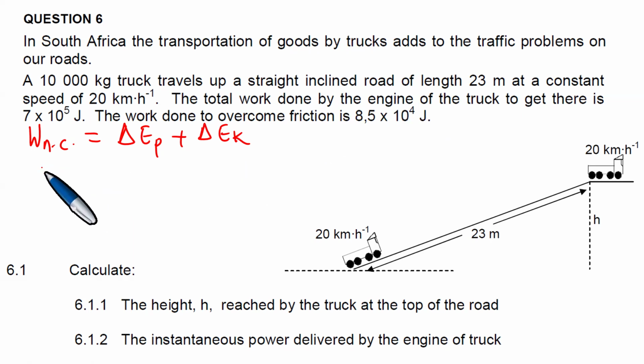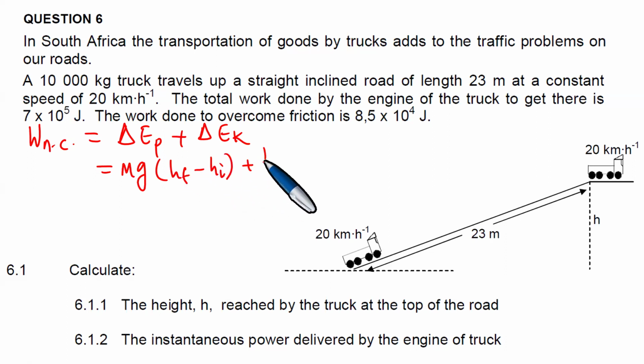So now you'll have to take note that the change in the potential energy is mg(h final minus h initial) plus half m(v final squared minus v initial squared). So what are the non-conservative forces here?